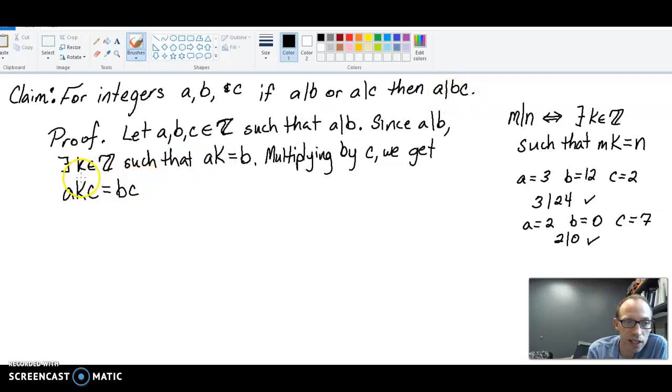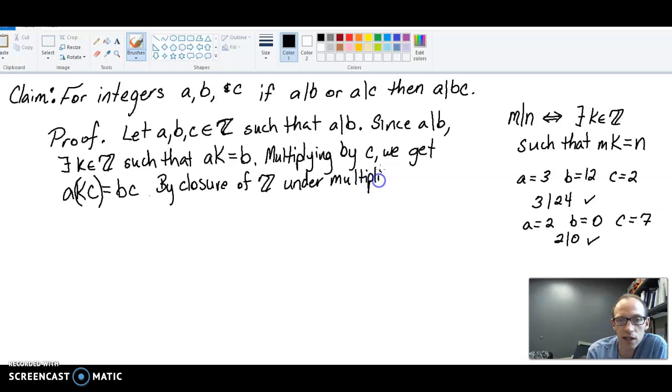Well, since this right here is an integer, by closure of the integers under multiplication, kc is an integer, and so a divides bc.